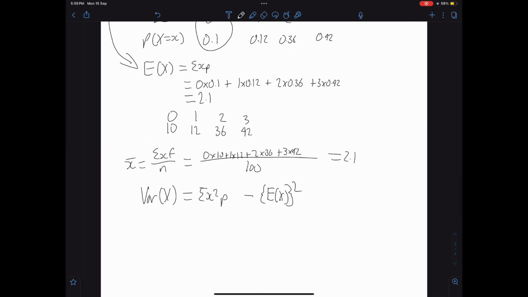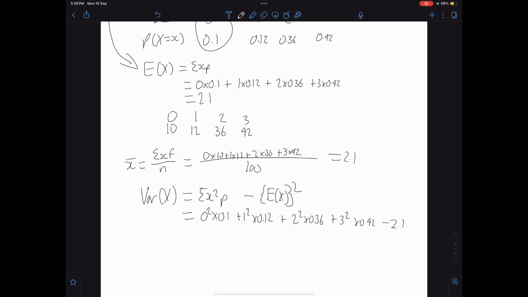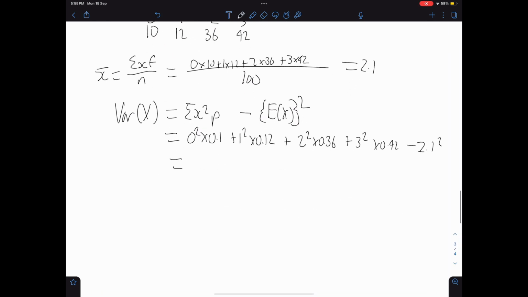So here we'd do 0 squared times 0.1 plus 1 squared times 0.12 plus 2 squared times 0.36 plus 3 squared times 0.42, minus 2.1 squared. And it gives us 0.93. And obviously if we wanted the standard deviation, we'd do the square root of that.